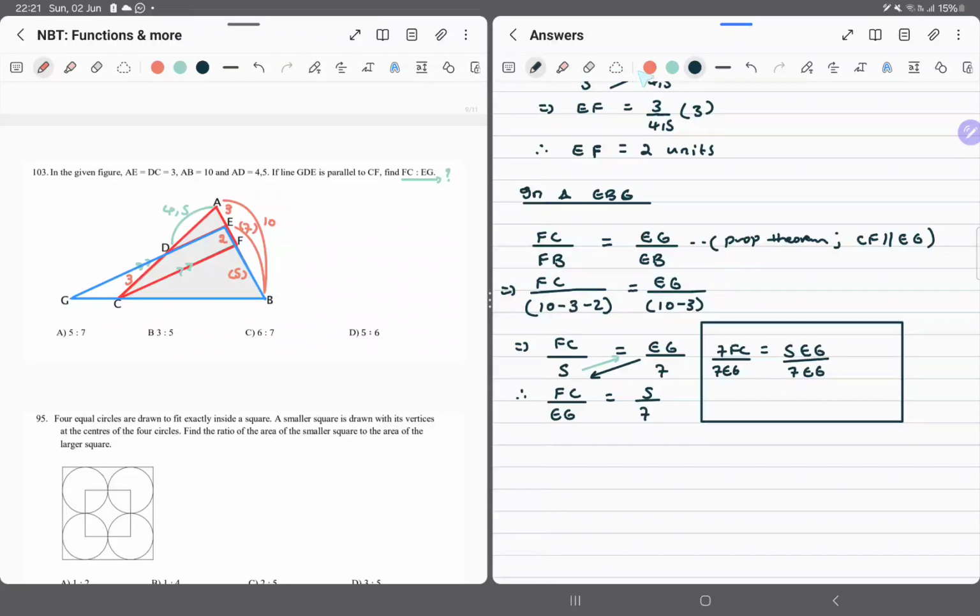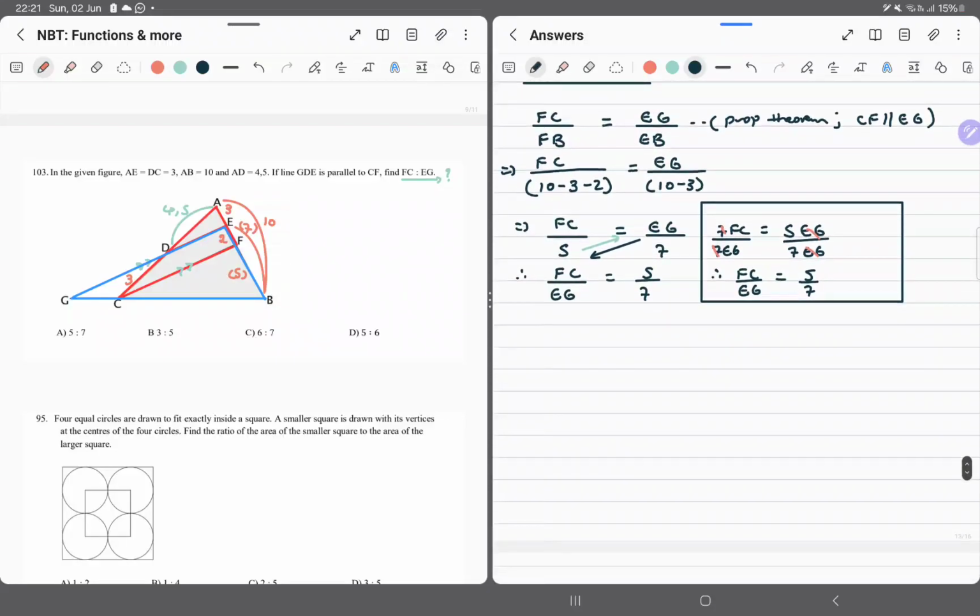Remember, you can divide by anything you want. That cancels. That cancels. Therefore, you end up with FC over EG is 5 over 7. So maths needs to be flexible in your brain, guys. And you can see that if you can do it this way, then this is allowed actually, technically. But let's leave you there.